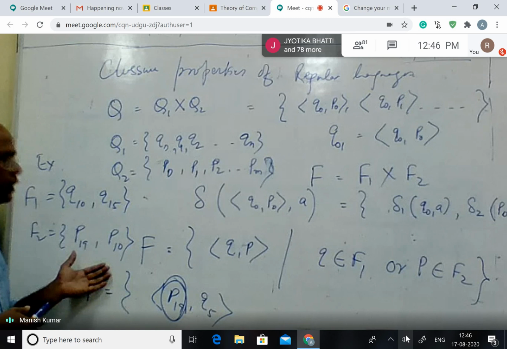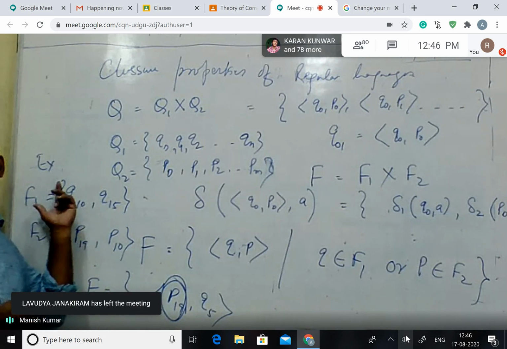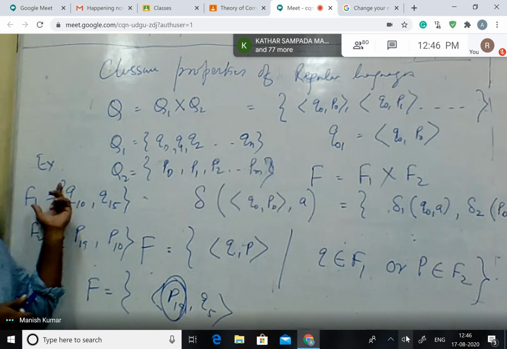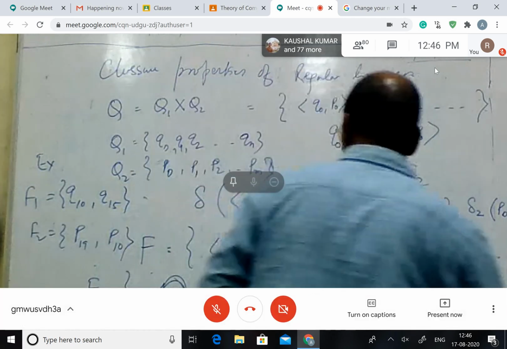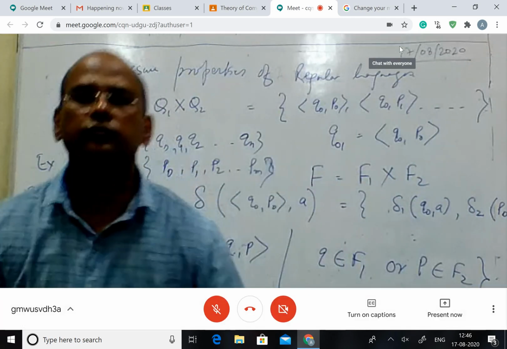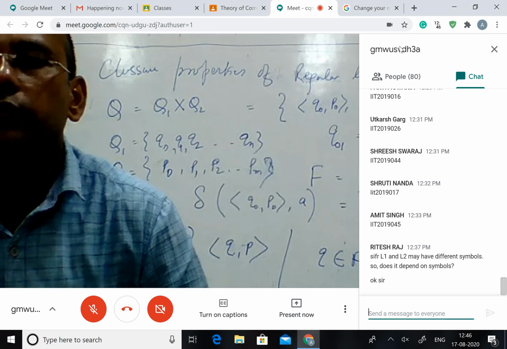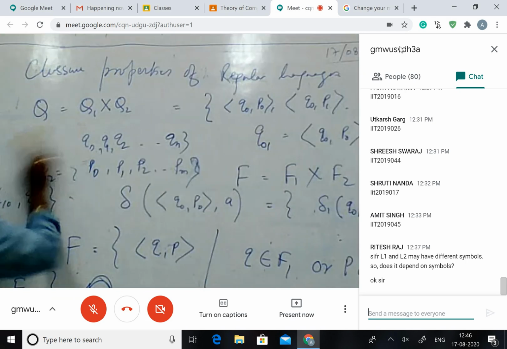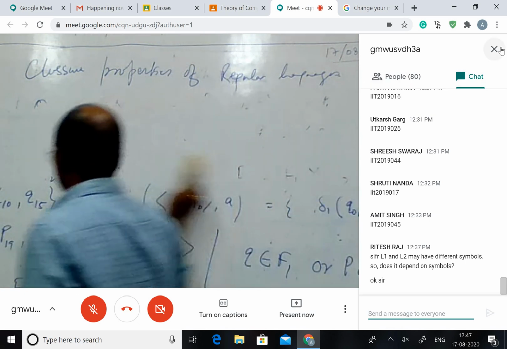So I will conclude that union is also regular if the two languages are regular. Okay. So that is what we conclude. Is that clear? Sir, if L1 and L2 may have different symbols, now, so that means union is confirmed that it is regular.